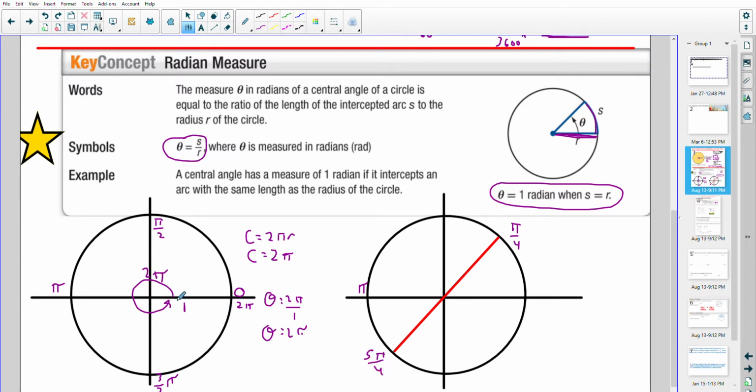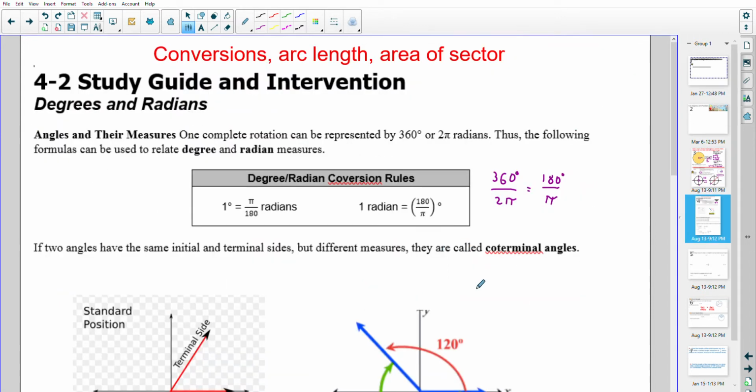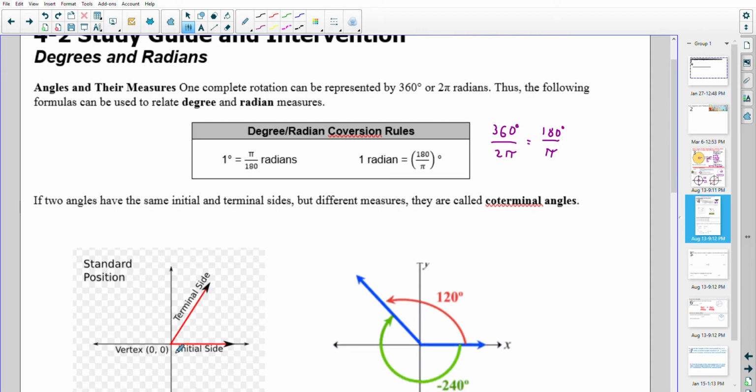Now notice I'm going from the positive x-axis in rotation counterclockwise. That's going to mean it's in standard position. And so in standard position, you have the initial side and the terminal side, and you're going to go again counterclockwise.